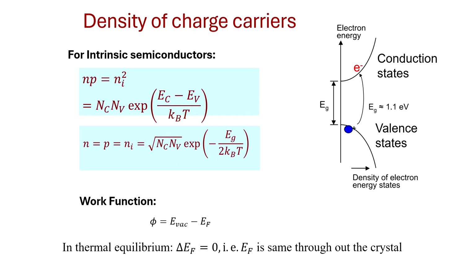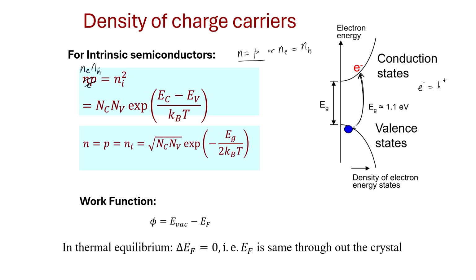For intrinsic semiconductors, when you excite an electron from the valence to the conduction band, for every electron we create one hole. So this excitation from here to here, for e minus there is h plus. So basically we can write n is equal to p, or Ne is equal to Nh.